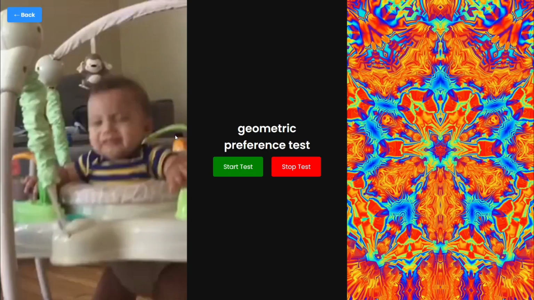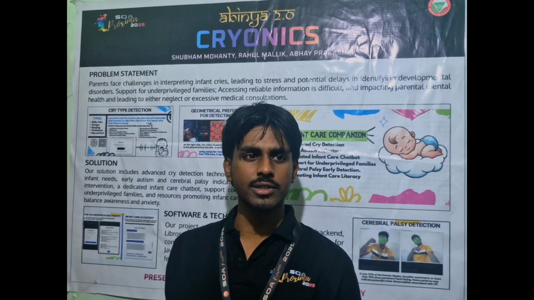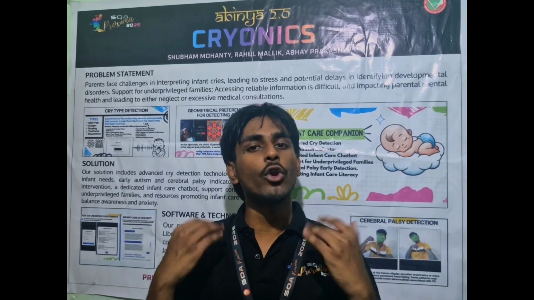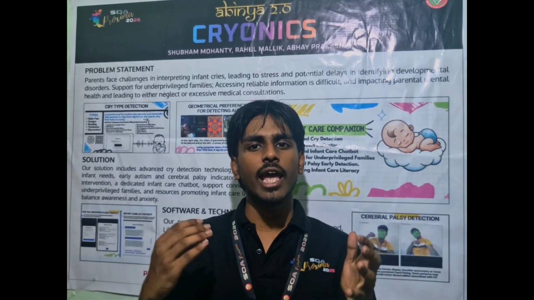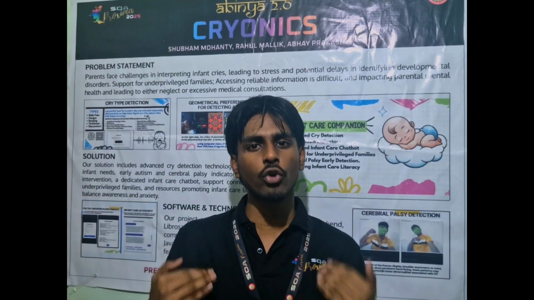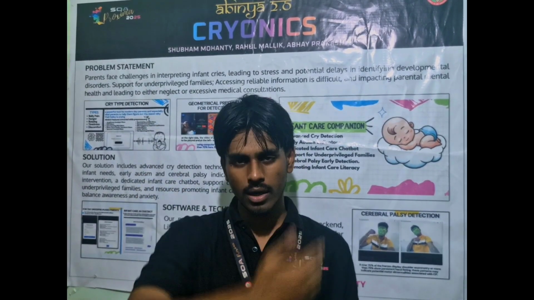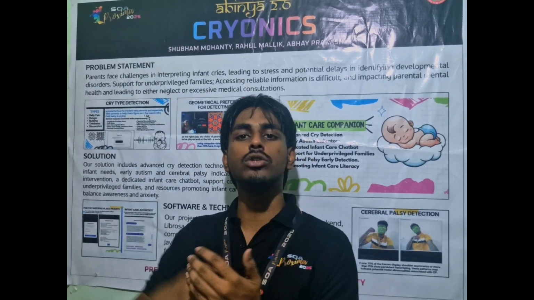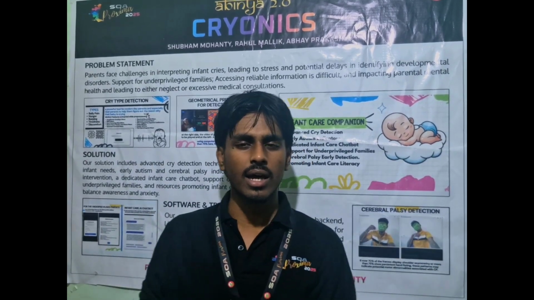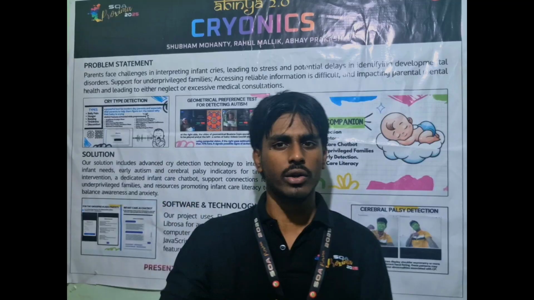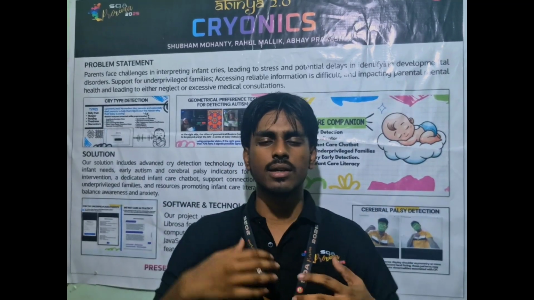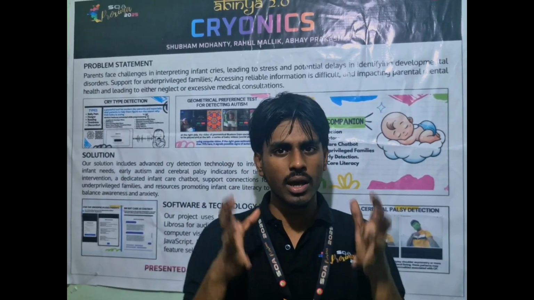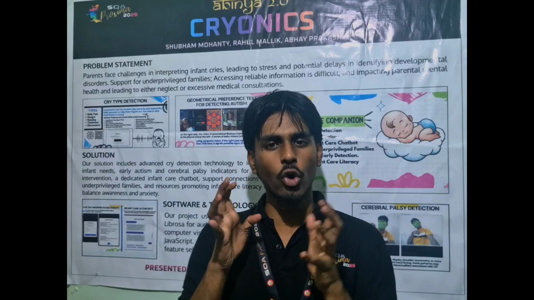We've also developed another solution, that is the geometrical preference test. What happens is, for a normal kid, the area of focus lies in social elements like faces or cartoons, the faces in those cartoons, babies, humans. That's what the area of focus is for normal kids.